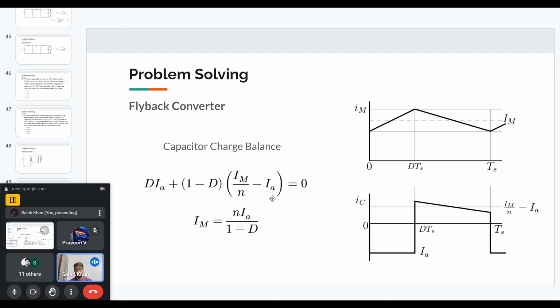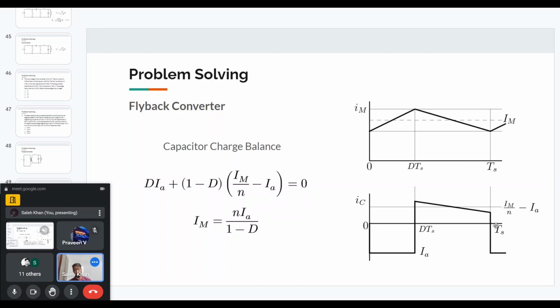And then this whole thing will be equal to 0 because we are saying that at steady state, over one switching time period, there is no net charge that is coming into the capacitor or leaving the capacitor. Because if there was some charge coming into or leaving the capacitor, then the capacitor voltage after every time interval would change. It will either rise or fall.